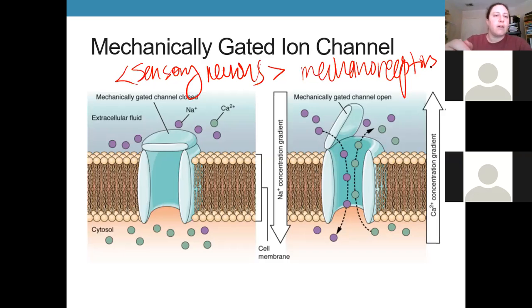When they are stimulated by something mechanical or physical, that's where we're going to find these, because this is how they're able to respond, with these mechanically gated ion channels.